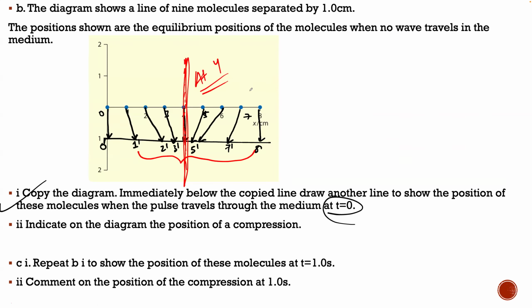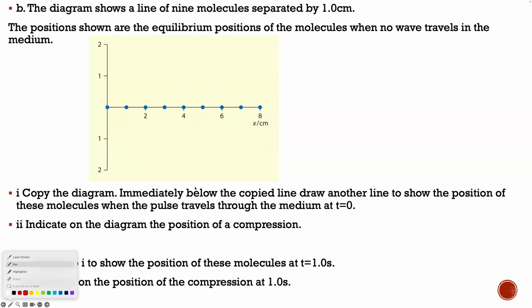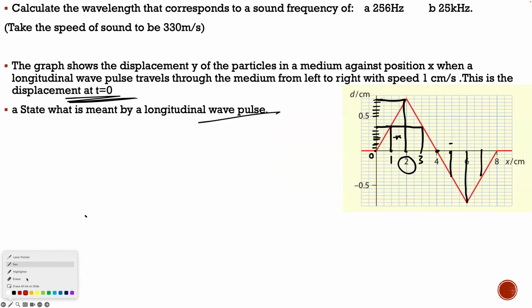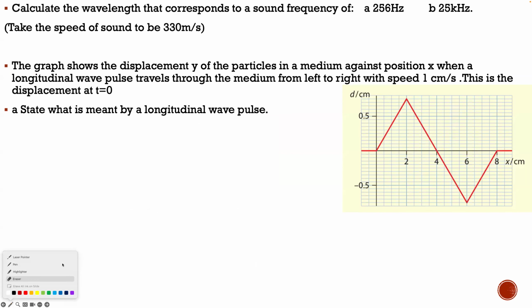Next, repeat B1 to show the position of these molecules at time t equals 1 second. At 1 second, the wave peak will not be the same as here because the wave is traveling to the right with a speed of 1 centimeter per second.